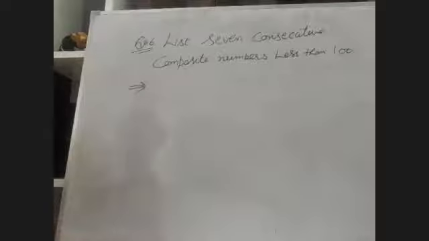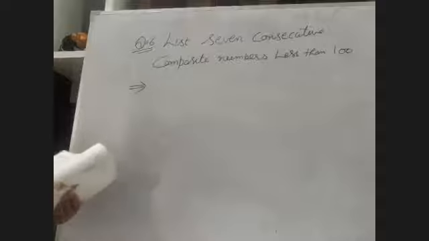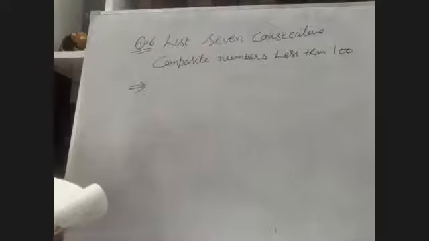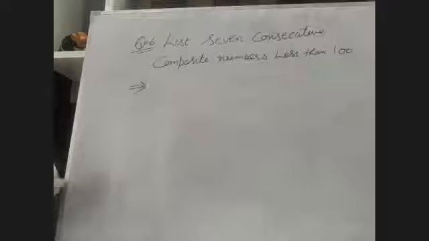So, when we study counting 1 to 100, these consecutive numbers are 90 to 96.